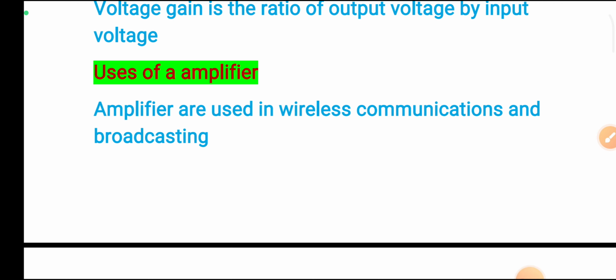The signal is weakened when it passes through nature or the atmosphere, so the message signal has less amplitude at the receiving end.